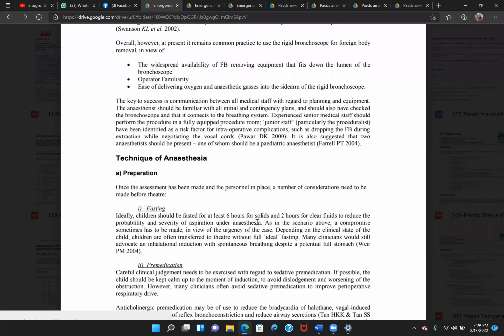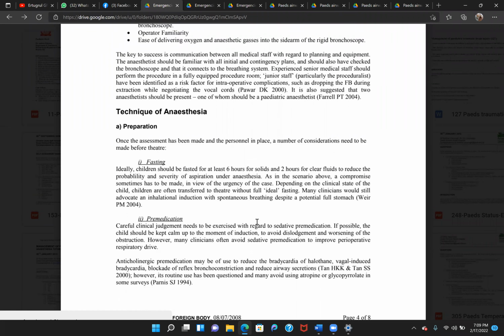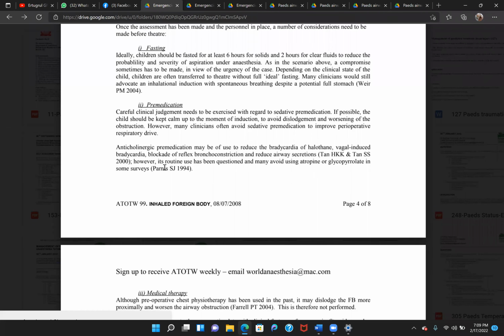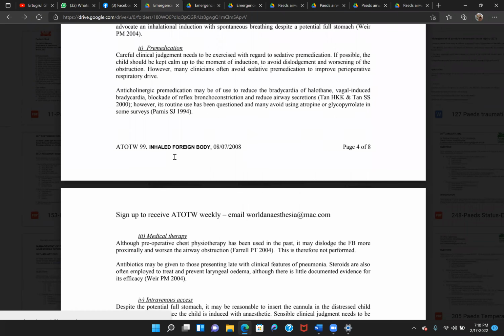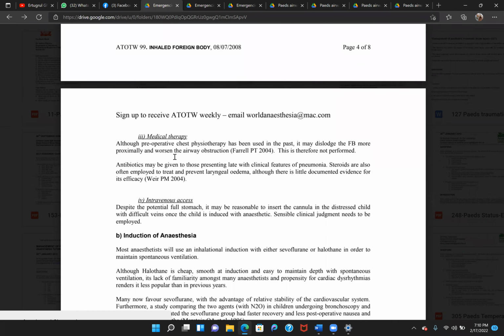Because you are not sure whether the baby is fasting now, you may have the same risk of aspiration as well because of this acute emergency. So you can use some antisialagogue, and then you will have the same approach. These are the common things which you do in any other patient as well.